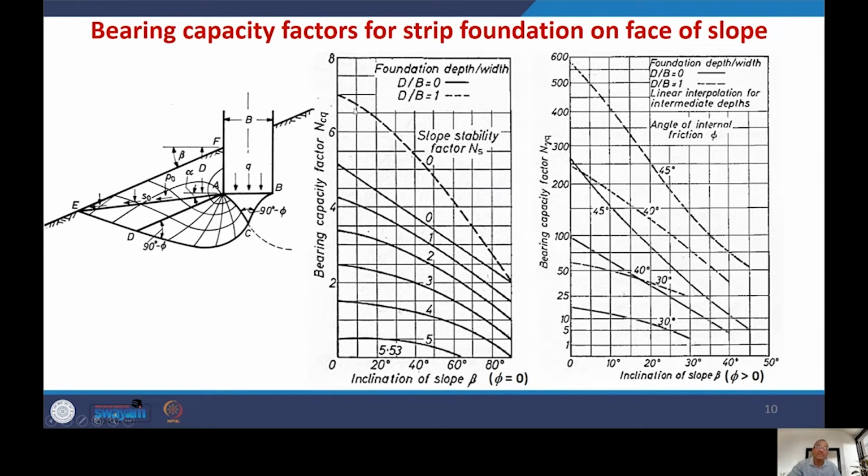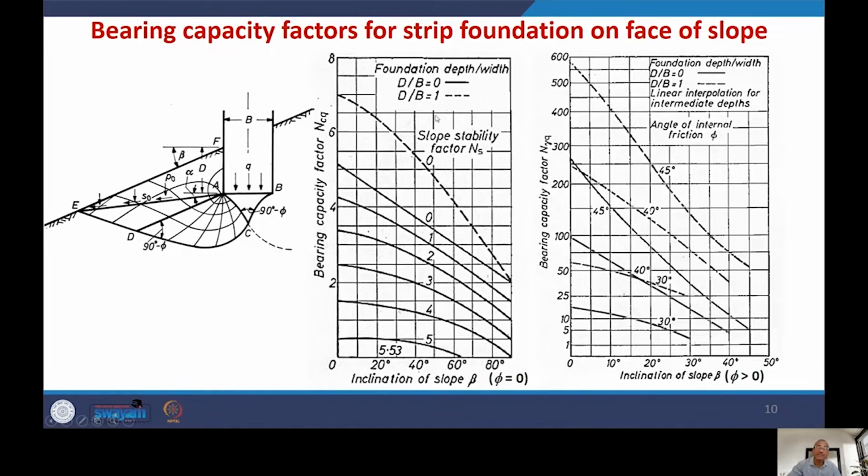Let's consider d by b equal to 1, that is the dotted line. You could see for this case, as the inclination of slope increases, the bearing capacity factor NcQ decreases significantly.